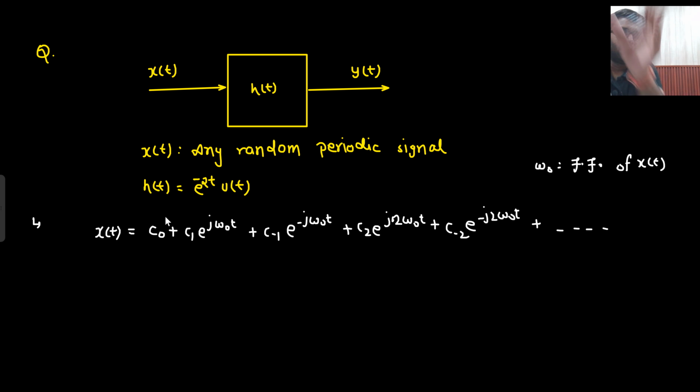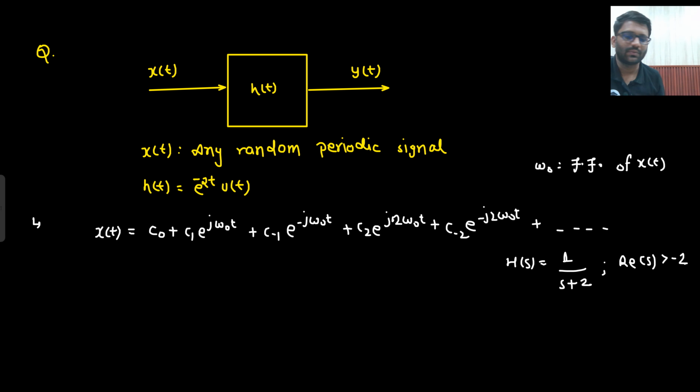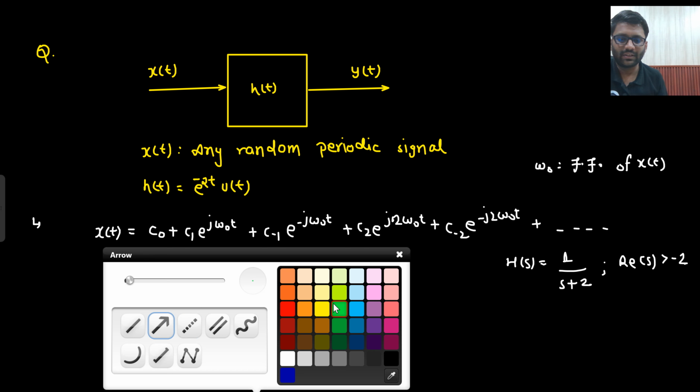Now, if a periodic signal is my input, what is my h of s? My h of s here is 1 upon s plus 2, which is the transform of e to the power minus 2t u(t), with the ROC of real part of s greater than minus 2, right? So can I draw the ROC?